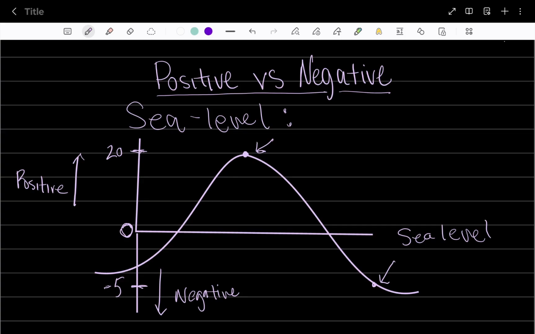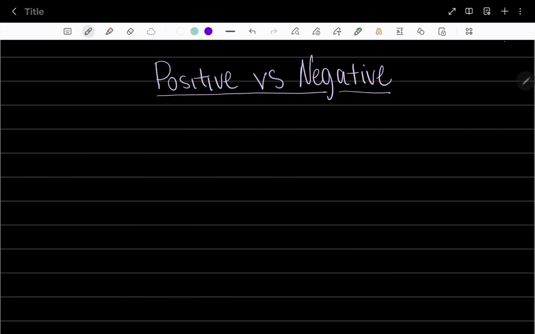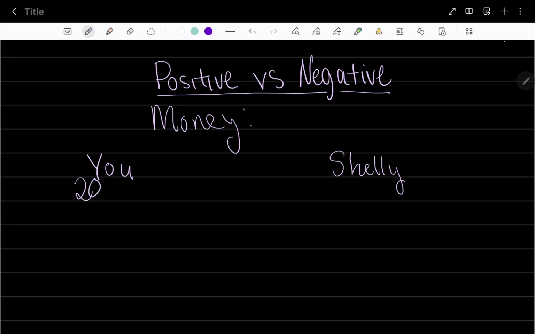Okay, so let's look at another real life example of how to look at positive and negative numbers. So now we're going to look at money. So with money, say this is you and this is me. Right now, you have $20.